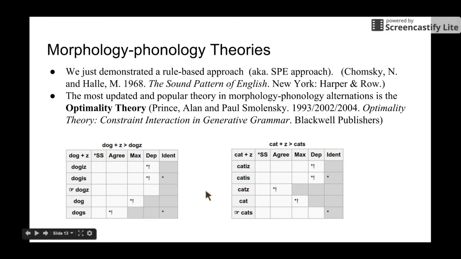Yeah. So the derivation looks like this. We got the input here, and we have some candidates, and we have some constraints which would evaluate the candidates, and then among all the candidates, we pick the most harmonic one.